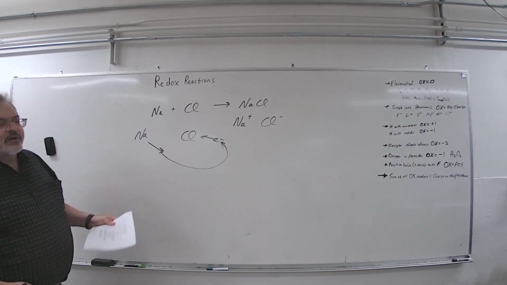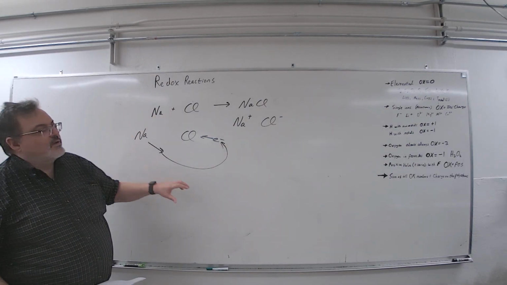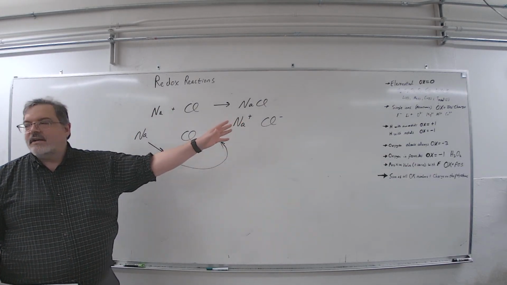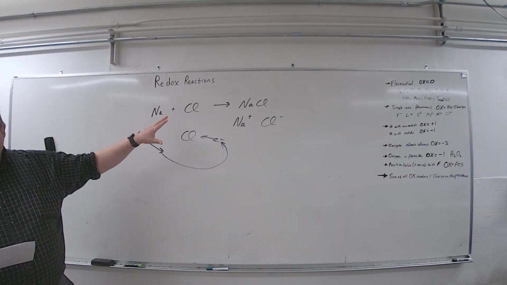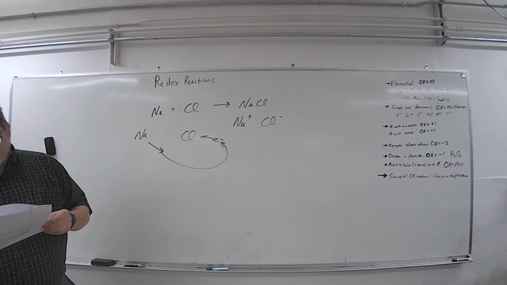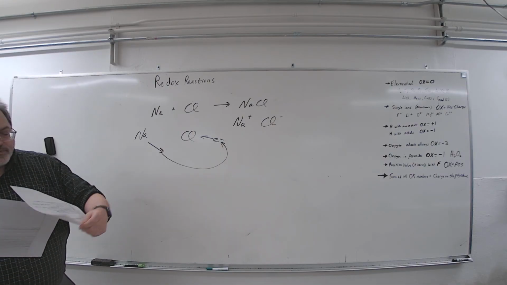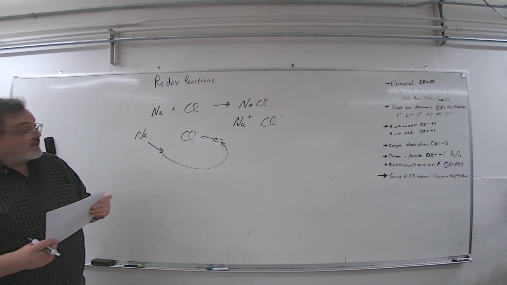Sometimes during a reaction, an electron actually leaves one atom and goes over to another atom, and then resides over there. So this is sort of an elementary electron transfer reaction. But I don't get hung up there. This goes better if I just start telling you.